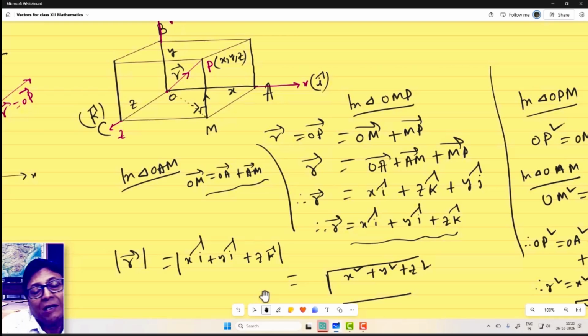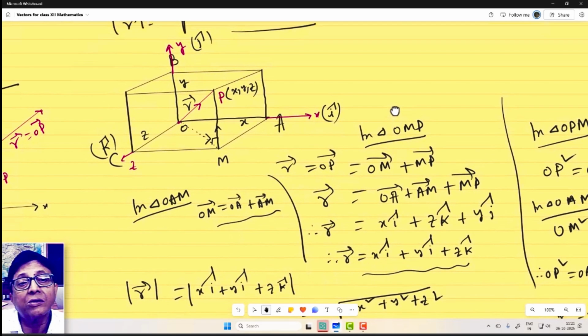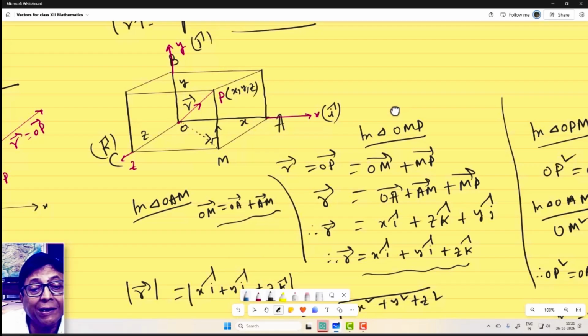Now this vector OP can make angles with the coordinate axes. Yes, it can. What you are doing there is drawing perpendiculars from P. If you want to draw a perpendicular on an axis, I will assume that all of you remember class 11 3-dimensional geometry.